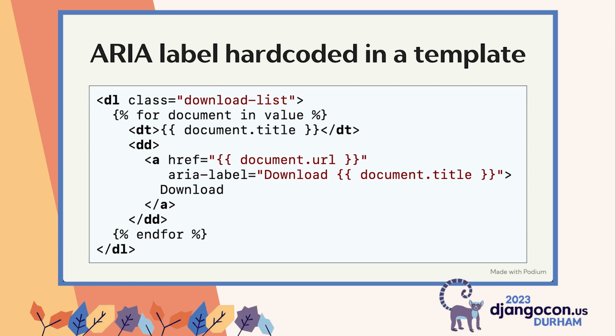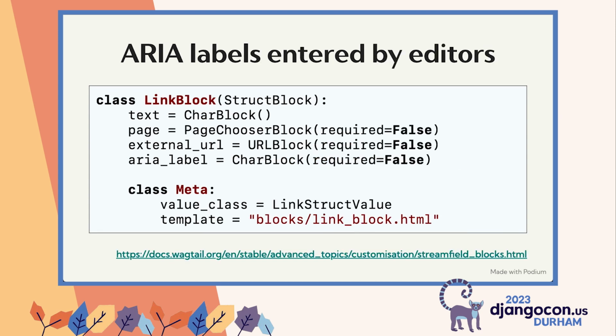This kind of approach works fine when you know exactly what the purpose of the list block that you're building is, and you can hard code that ARIA label helper in here like this.